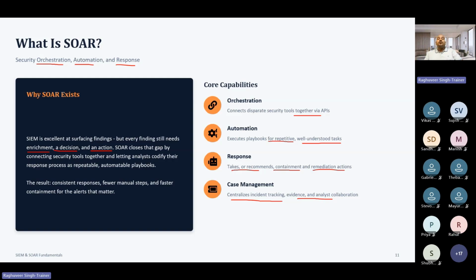Okay, let's take an example of cloud misconfiguration. What if you have your SIEM solution getting logs from cloud also? So you have your SIEM integrated with Microsoft Azure, your SIEM integrated with AWS, your SIEM integrated with Google Cloud. And as part of that integration, you're receiving audit logs from Google, CloudTrail logs from AWS, and activity logs from Azure.